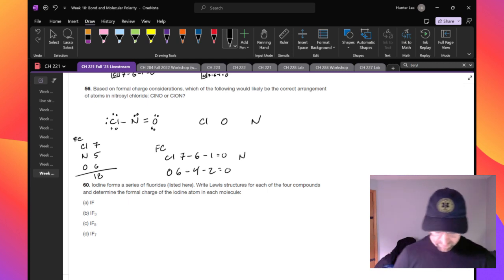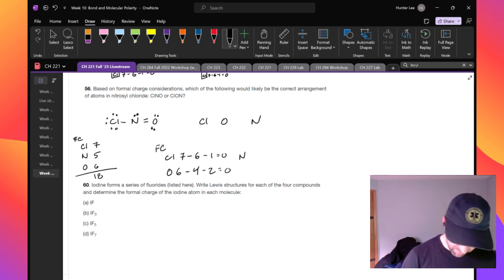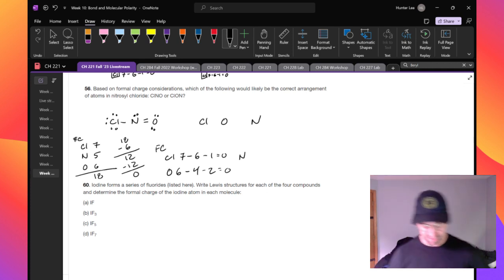Okay, that's all of our electrons accounted for. I'll actually do the math for you. 2, 4, 6 involved in bonding gives us 12. 2, 4, 6, 8, 10, 12 as lone pairs gives us 0. That's all of our electrons accounted for.